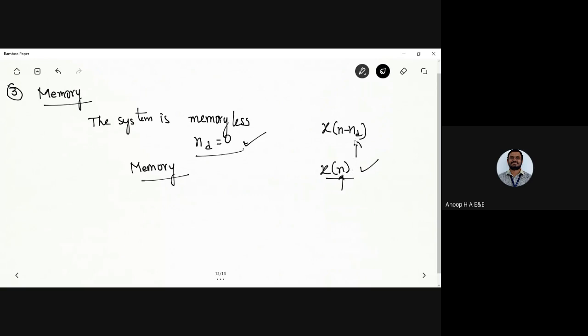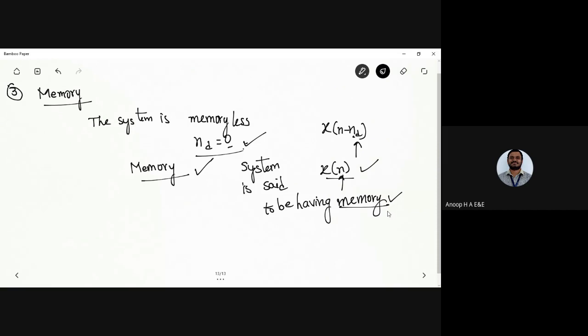So once I change the value of nd to something other than 0, you will call it a memory system. So the system is said to be having memory.